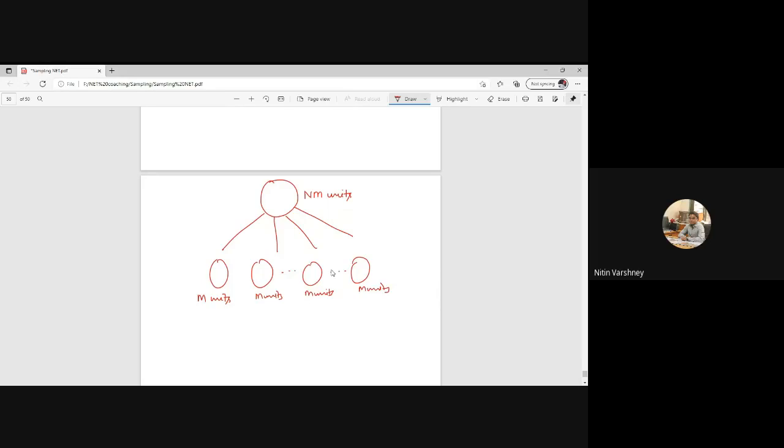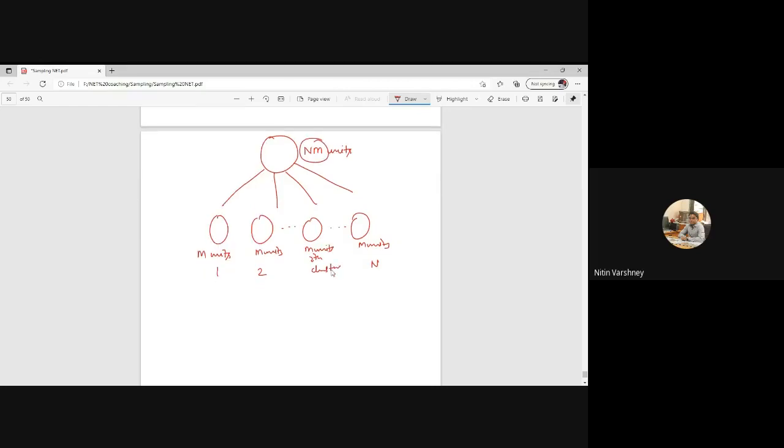This is suppose the ith cluster. So how many clusters will be there? N clusters. Total population size is nm.